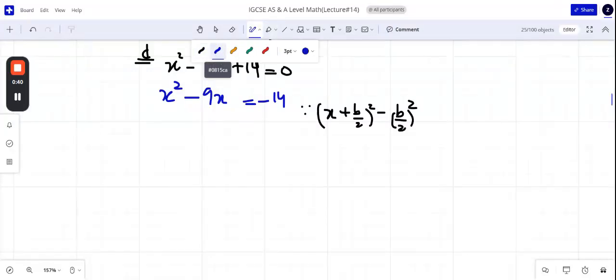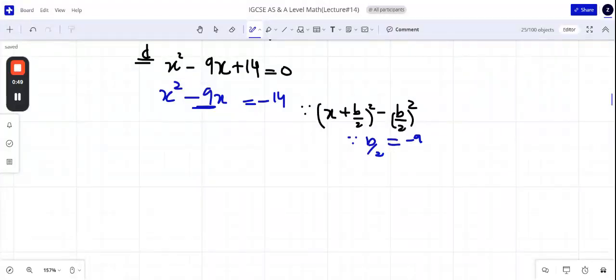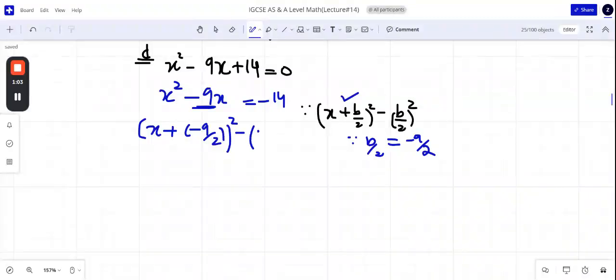Now x we will keep same. Find the b by 2. B is the coefficient of x. So b by 2 would be equals to minus 9 by 2. So let's substitute the values in this formula. X we will keep same, plus, and then b by 2 is minus 9 by 2 whole square minus, then minus 9 by 2 whole square.